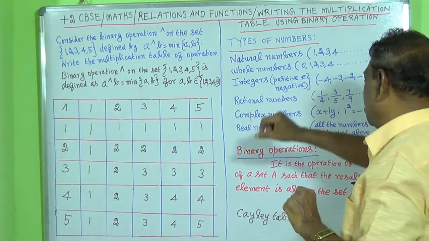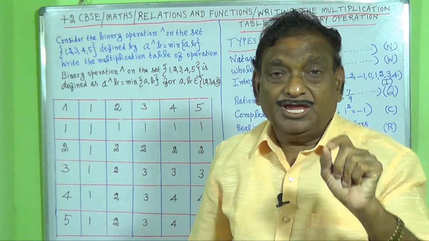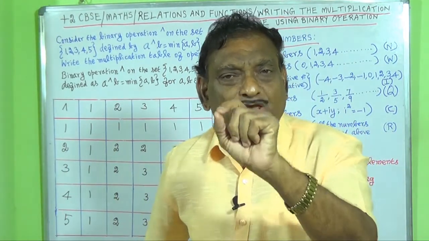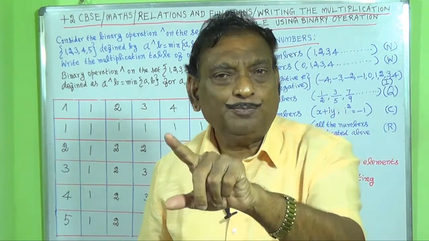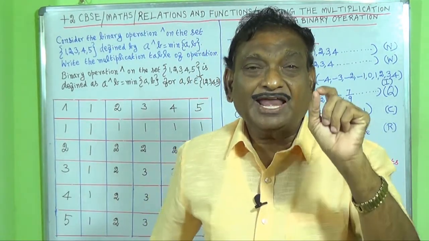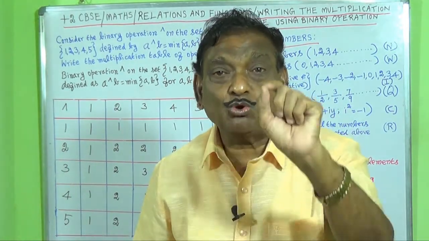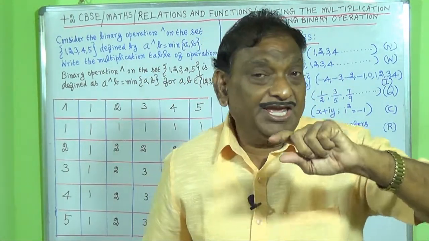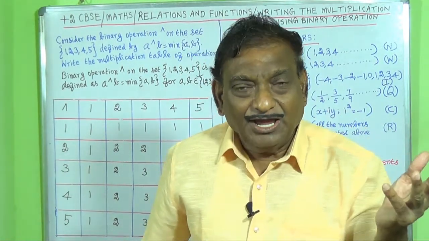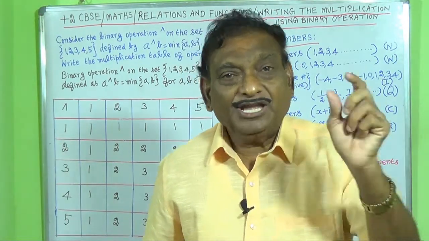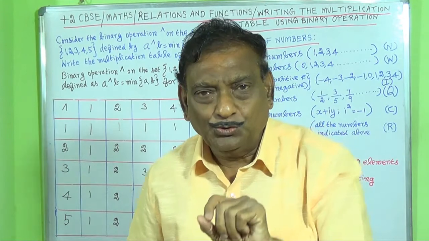Then complex numbers. You know that the complex numbers will be in the form of x plus iy. There will be one real part and one imaginary part. The special character of this complex number is i square equal to minus 1. In any case, if we square any real number, we will not get negative. But in the case of the complex number, we will get negative number.